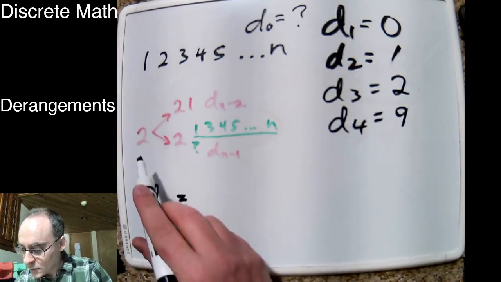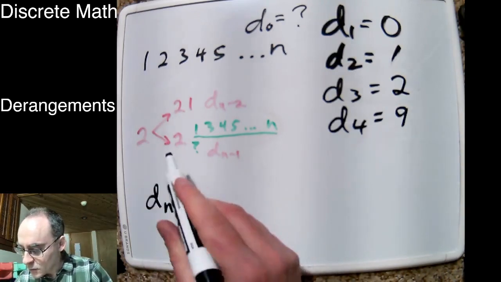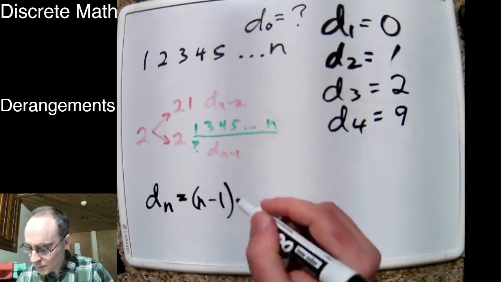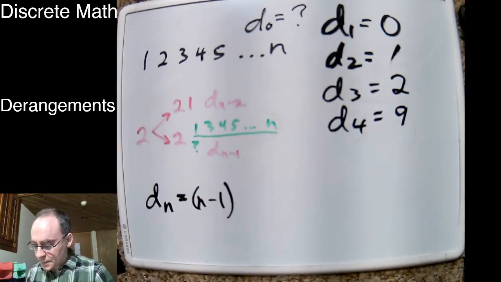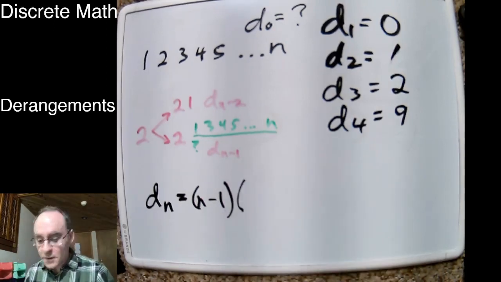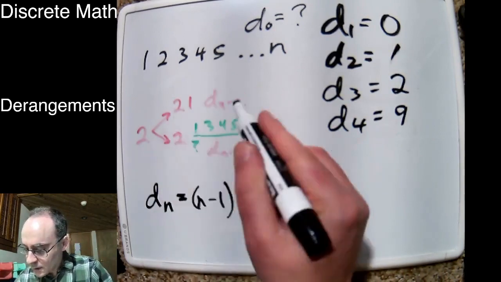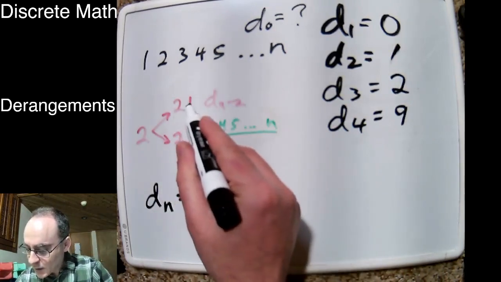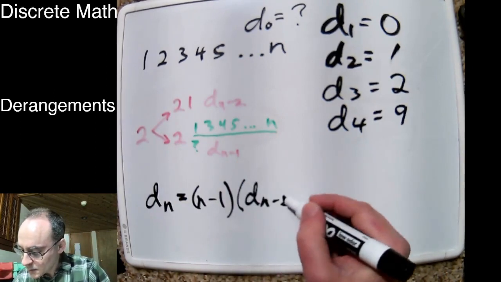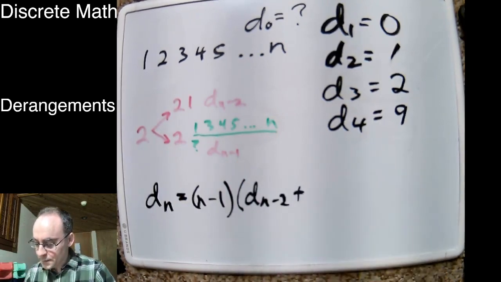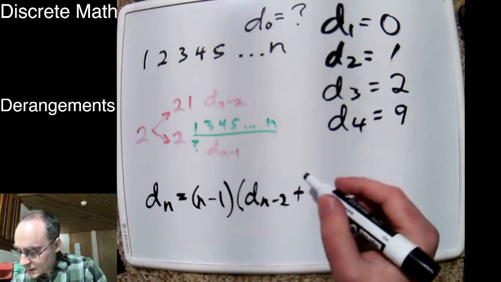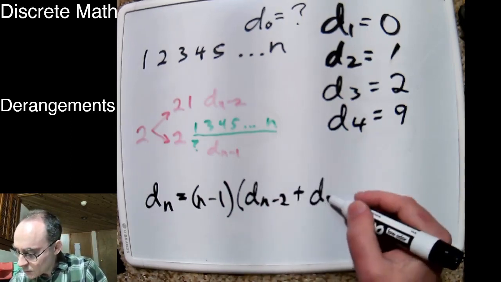So in the case where I picked 2, I had n minus 1 possible choices. And then one of two things could happen. Either I have one possible choice and then d_{n-2} derangements, or I pick something else such that I'm basically just making an n minus 1 derangement.